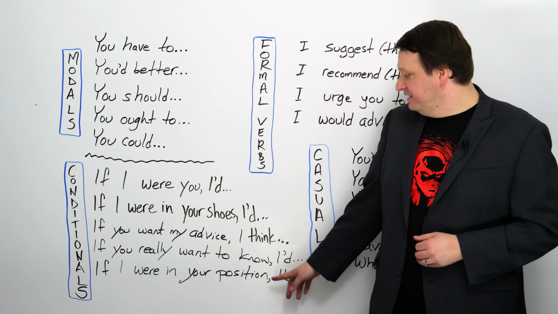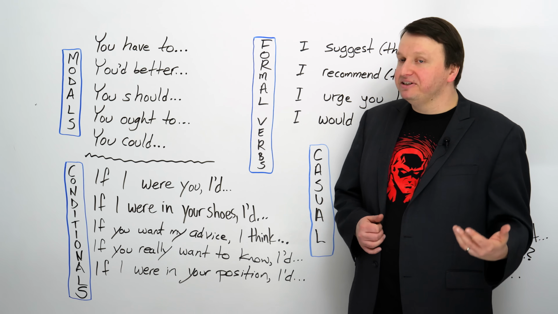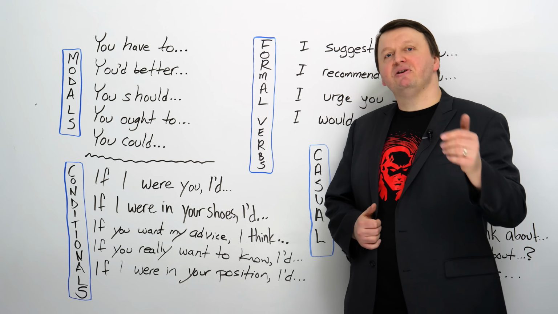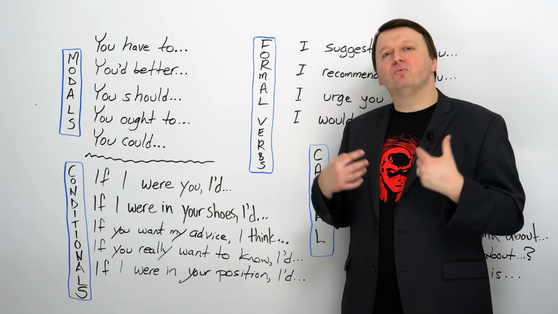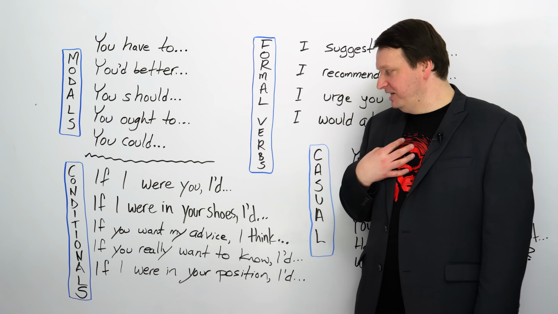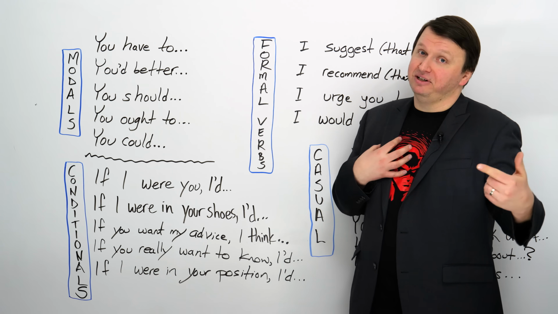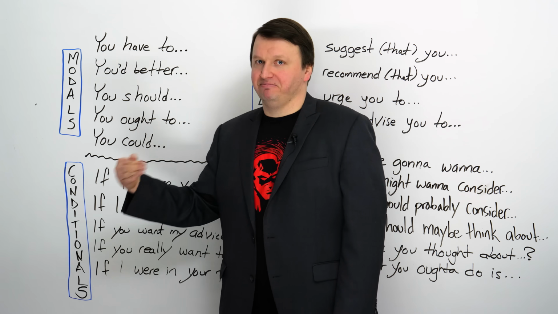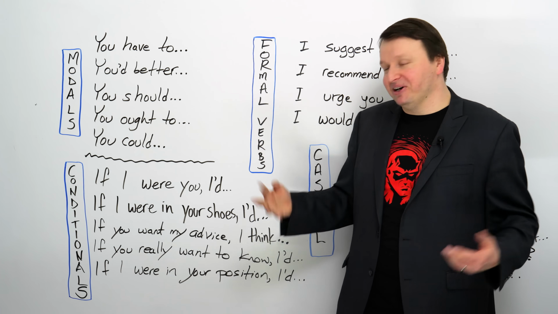Next, if you really want to know, I would, okay? So maybe your friend asks you, if you were me, what would you do? What would I do? Well, if you really want to know, I would ask someone else because I give terrible advice. Maybe this is you, I don't know.